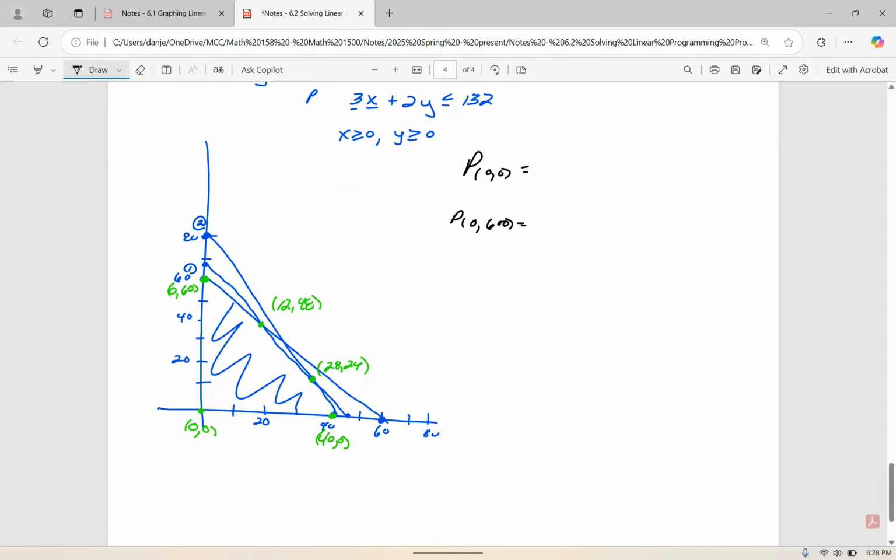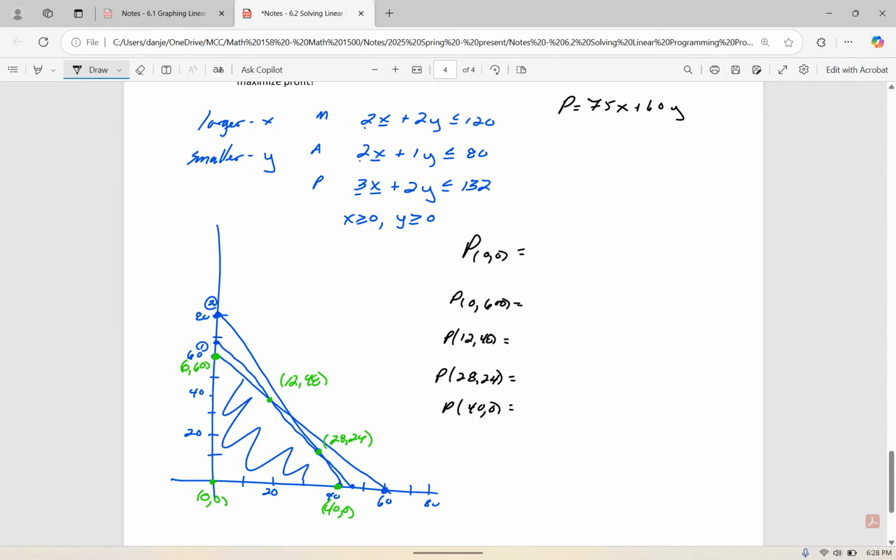We have 0, 0, 0, 60, 12, 48, 28, 24, and then we have 40, 0, okay? And we have our profit equation, which is 75x plus 60y.